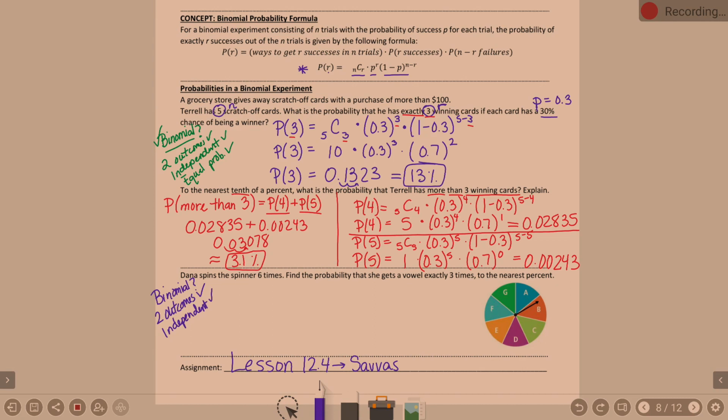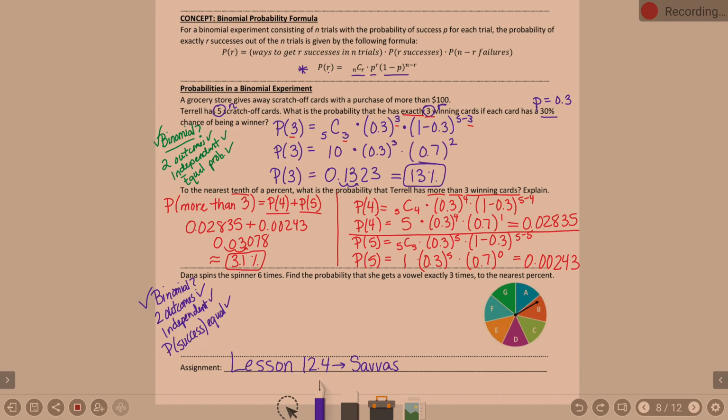And is the probability of succeeding the same each time? Yes, because each spin is good. So probability of success is equal each time. Okay, so binomial experiment. I've checked that. Okay, let's get our information. We're going to be doing the probability of how many times?